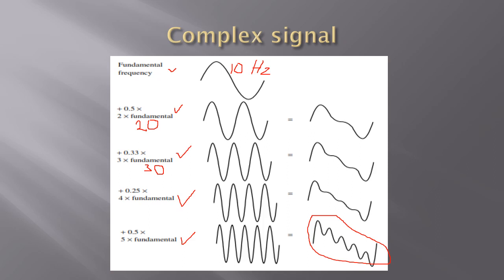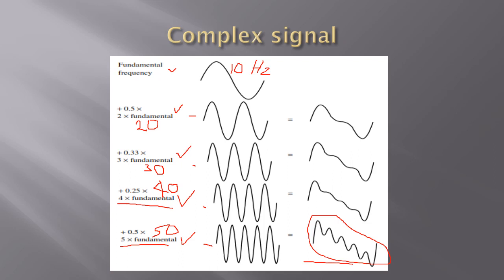The next one is 40 Hertz with the strength only a quarter, and then 50 Hertz and the strength is half. Now if we synthesize the signal, we add signal number 1, the fundamental, with the second component, and the third, and the fourth, and the fifth, then the result is this signal on the bottom right portion.